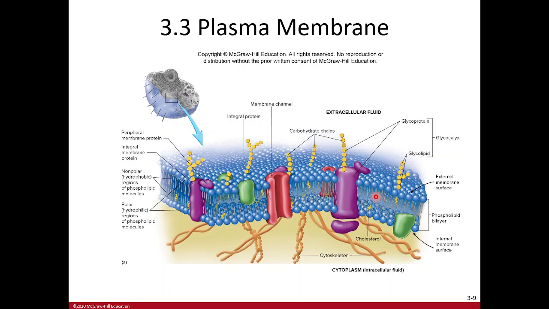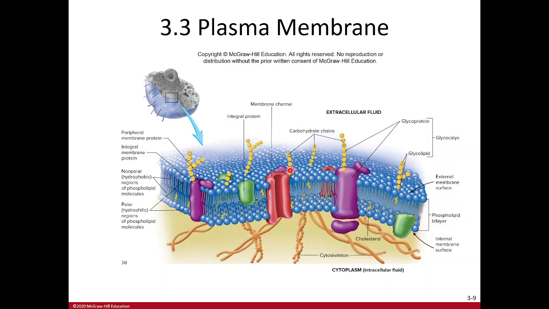So there are two fatty acid tails attached to a phosphate group. And this is what we consider the external membrane surface. The internal membrane surface is similar. It has a phospholipid layer, and both of them, if you see here, are called a phospholipid bilayer.